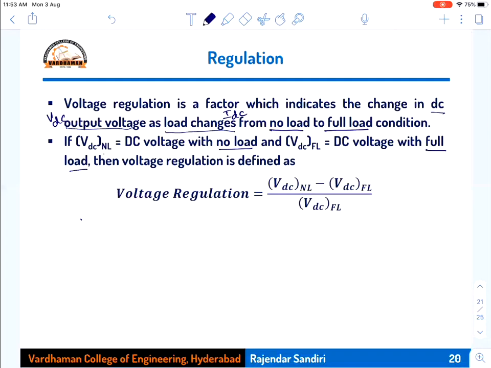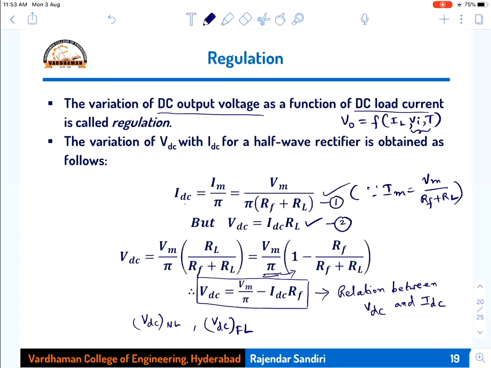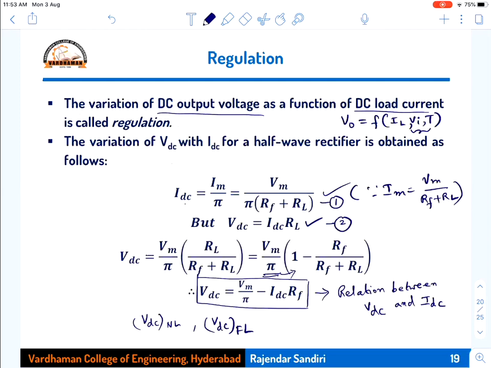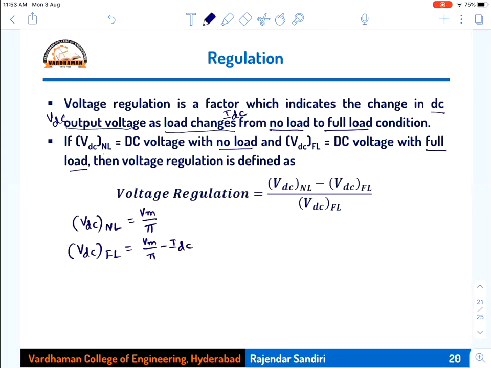So VDC no load, if you make IDC equal to 0, is simply Vm by pi. VDC full load means some current will be flowing, so VDC full load is Vm by pi minus IDC into RF.